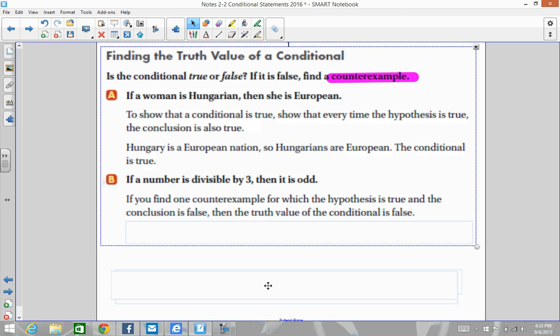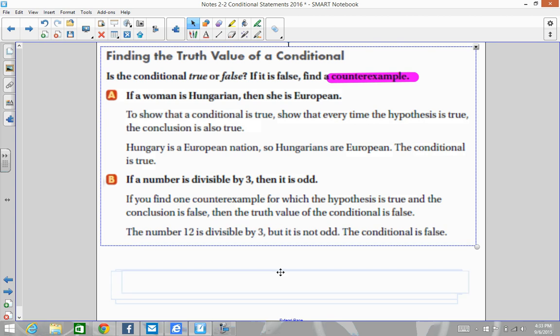Well, 12 is an even number. It's divisible by 3, but is not odd, so the conditional is false. So it's just finding that counterexample to prove something's false. Just because you can't think of one doesn't mean that something is always true. We sometimes have a hard time finding that counterexample.